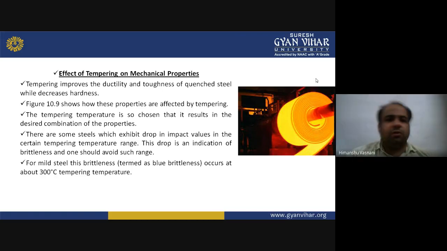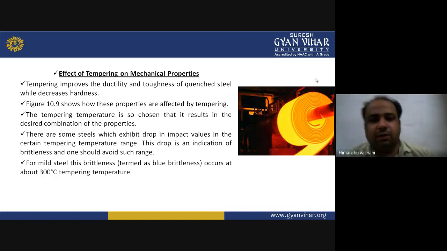So based on past data, for a mild steel the blue brittleness may occur at 300 degrees centigrade. This is an example of the effect tempering has on mechanical properties.